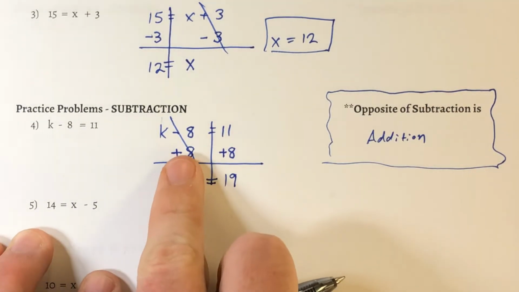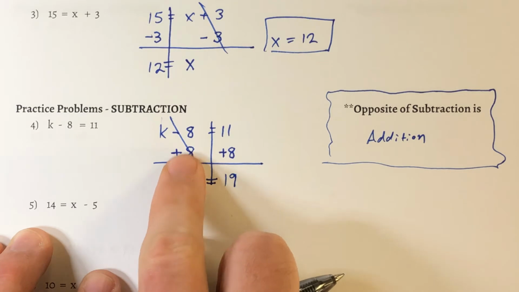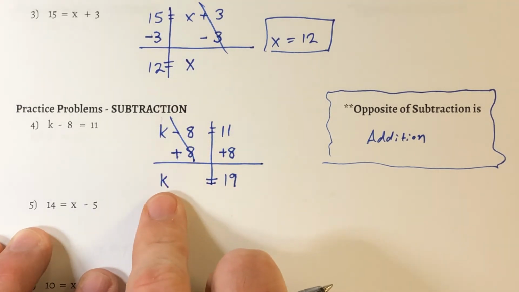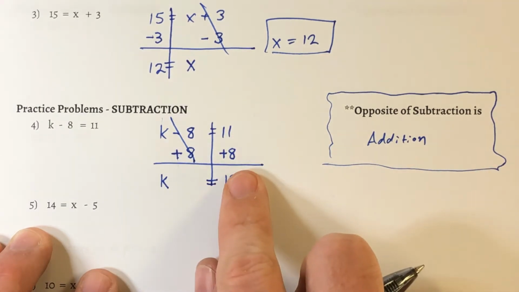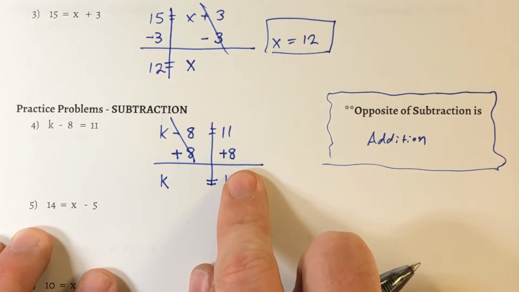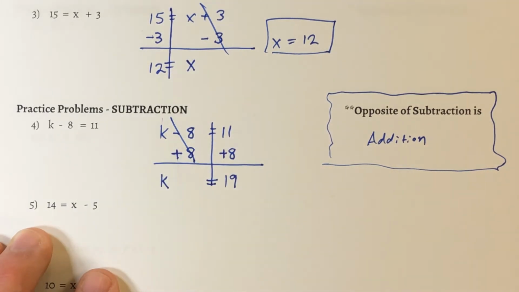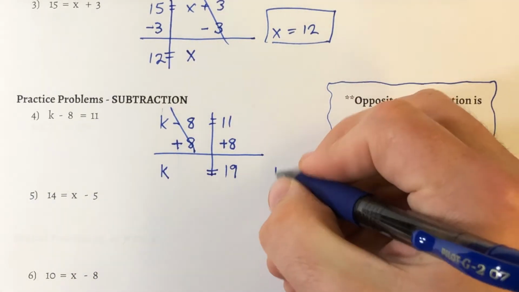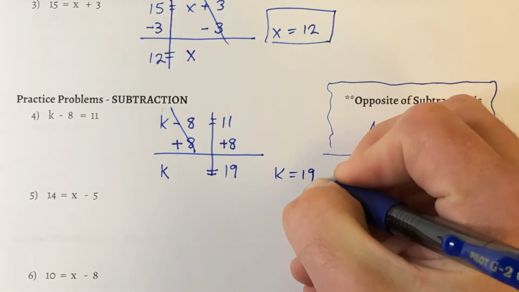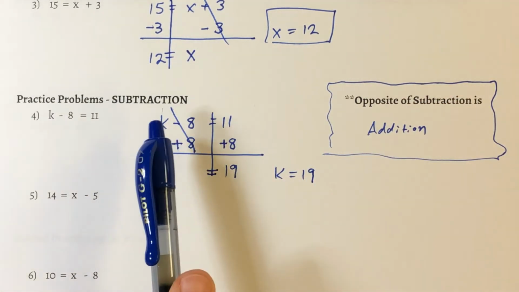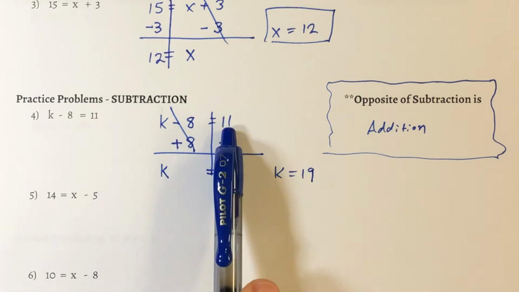So again, when you do it to one side, it cancels out something, leaving you one step closer to the answer. The other side is going to essentially get you your answer. So again, what you do to one side, you have to do to the other. So our answer is k equals 19. And I could check, is 19 minus 8, 11? Yes, it is.